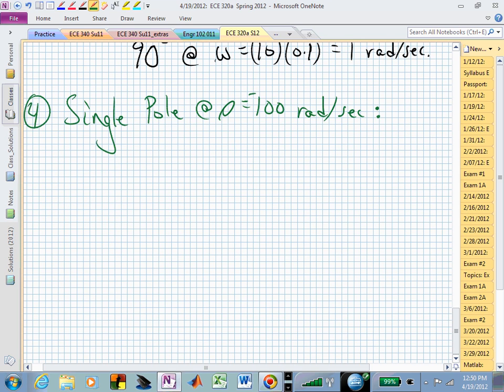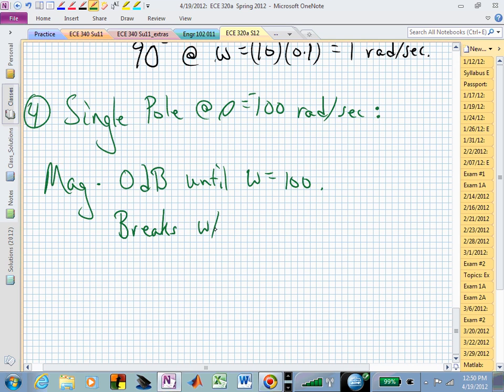The magnitude, if I do the same thought process, it's going to be 0 dB until omega equal what, by our straight line approximation? Until we get to the break frequency, which is 100. At that point, it's going to break.